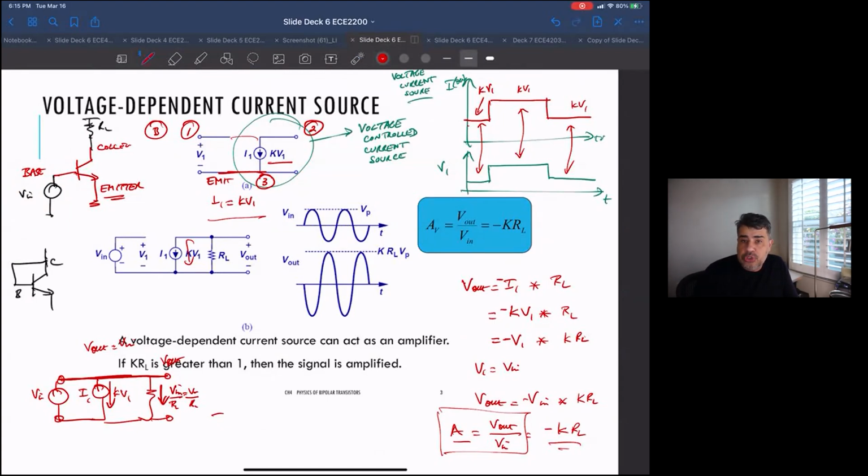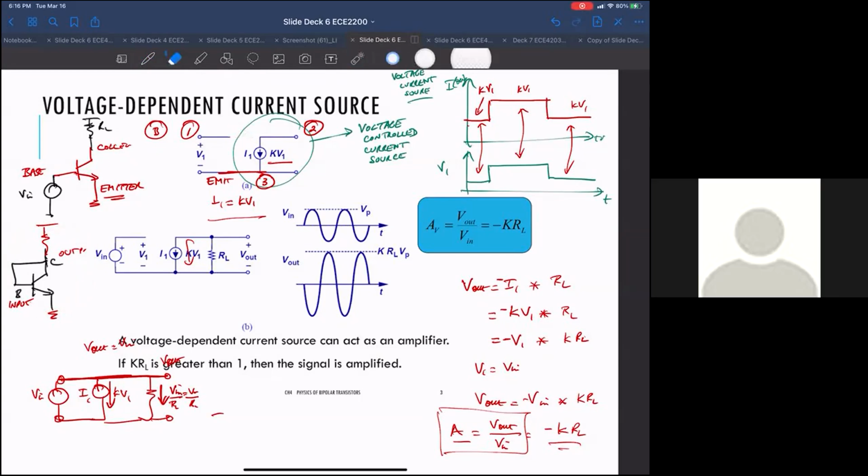But it won't give you a gain if you say this is the input and this is the output. I'll put a ground here and a resistor here, whatever I do, it's not going to give me a voltage gain from output to input. So it is a permissible connection, but it won't give you a gain function. It'll give you some other function. Okay, thank you. Sure.